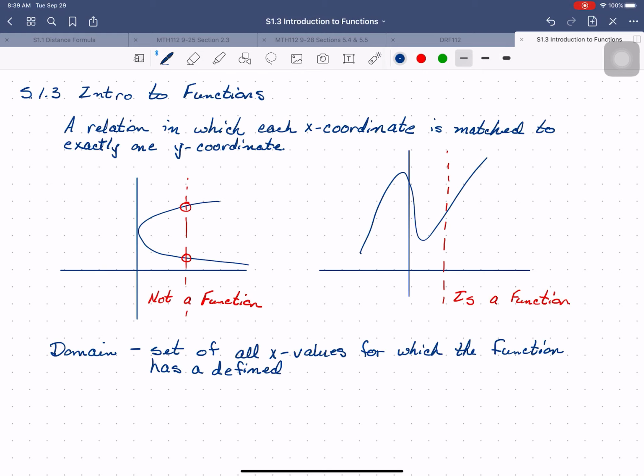And we're going to practice finding domains in a minute. You can think of this also as all of the x coordinates that can be associated with a y coordinate for a given function.